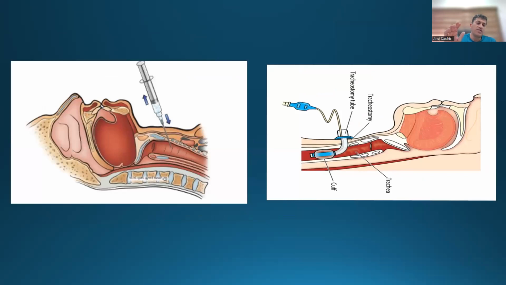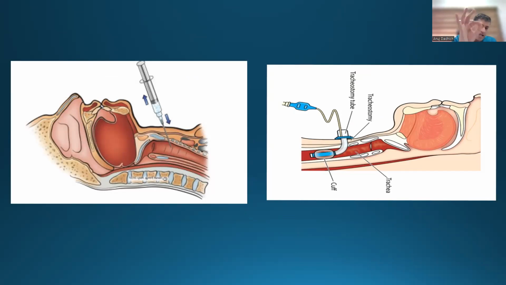If the patient is in distress, if it is an emergency and you don't have access to fiber optic intubation, then a quick surgical method of establishing an airway can be cricothyrotomy. Cricothyrotomy is a very simple procedure where a small opening is made in the cricothyroid membrane.